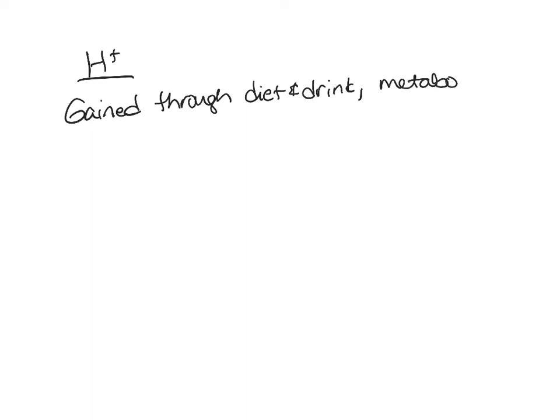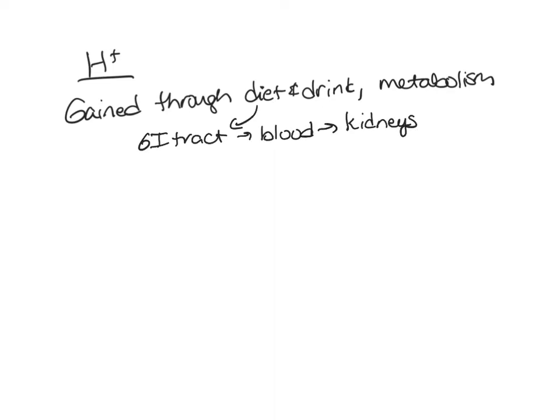Let's take a closer look at hydrogen. Hydrogen ions are gained through the digestive tract, so they're gained through diet and drink. They're also gained through metabolism. If hydrogen is brought in through the diet and drink, it's absorbed through the GI tract into the blood, and then it goes to the kidneys or to the lungs. In the blood, hydrogen is neutralized by buffers.